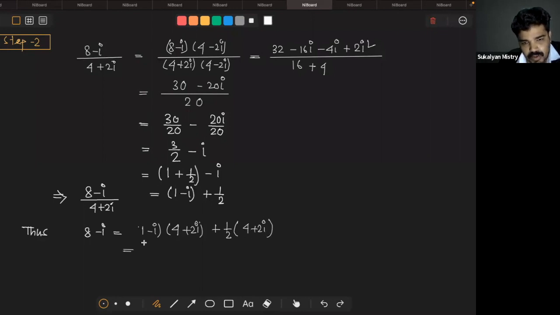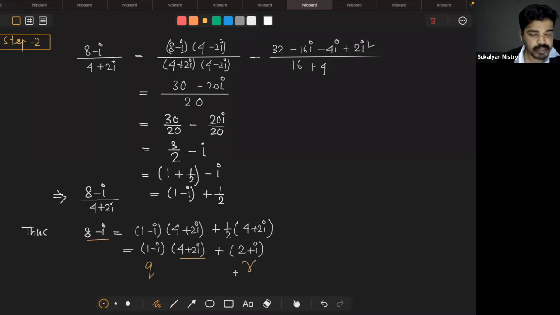Taking 2 common, that is 1 minus i into 4 plus 2i plus 2 plus i. So actually, if we divide 8 minus i by 4 plus 2i, then 1 minus i is the quotient and 2 plus i is the remainder.